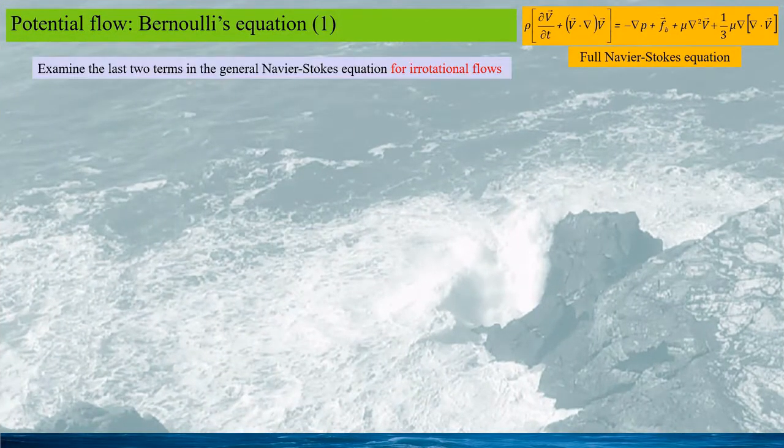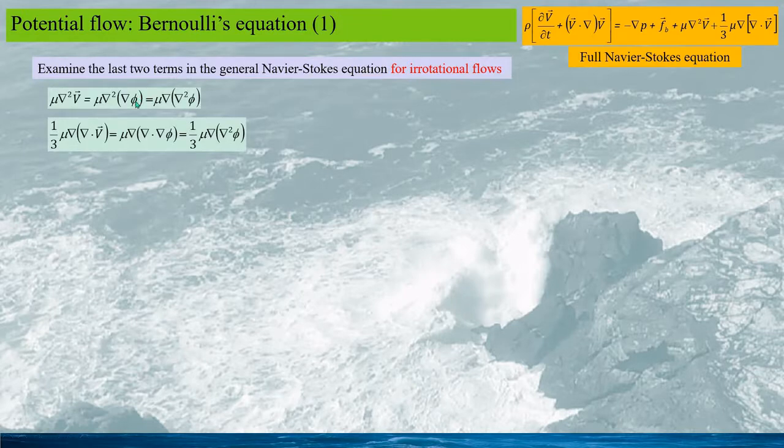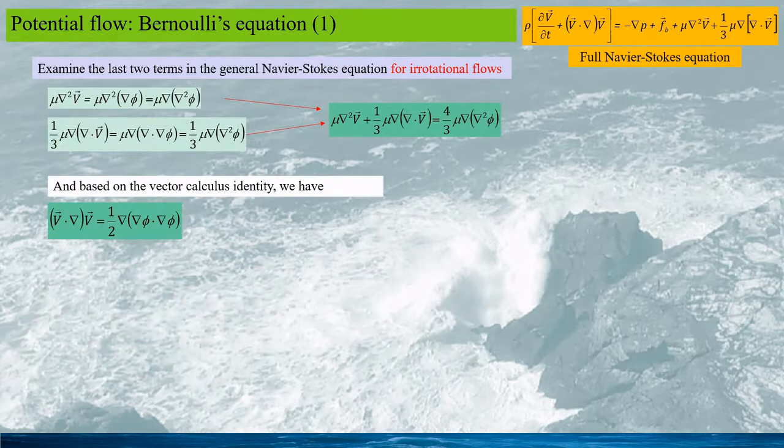Now we look at the last two terms in the Navier-Stokes equation for irrotational flows. The last two terms can be written as this, and putting this together, we have equations as this. For the convective acceleration, we can use the vector calculus identity.